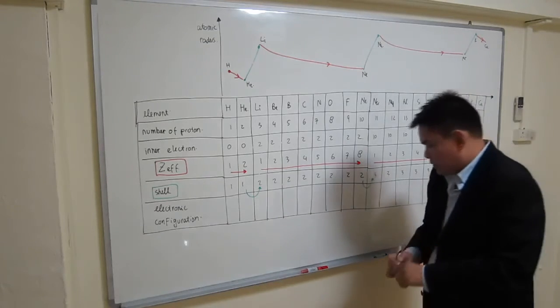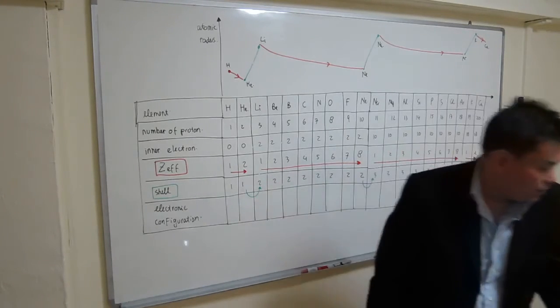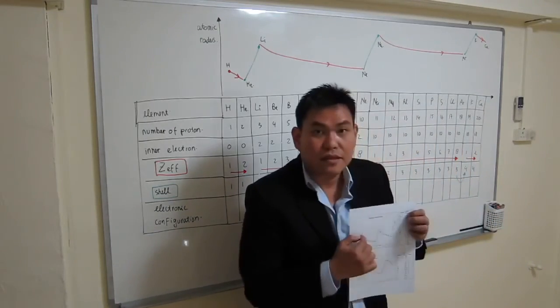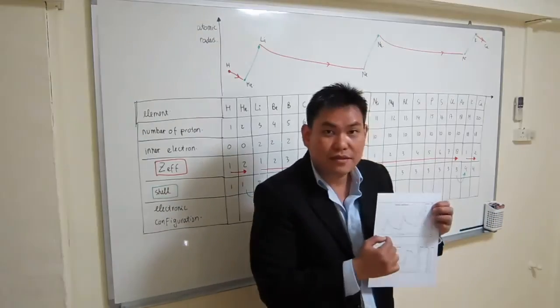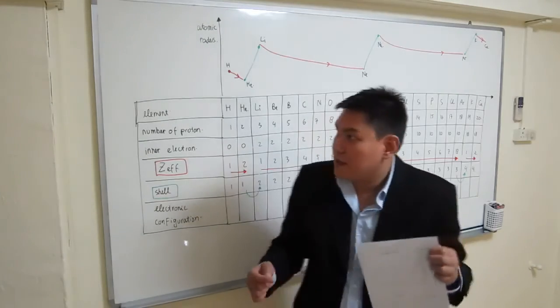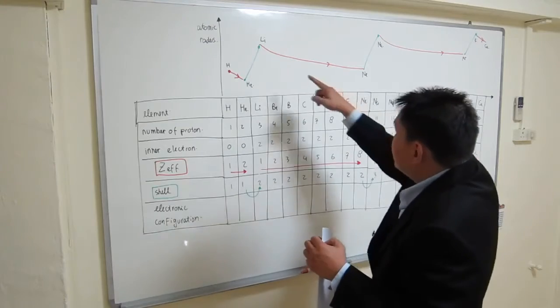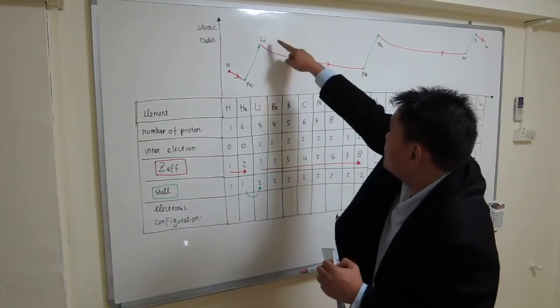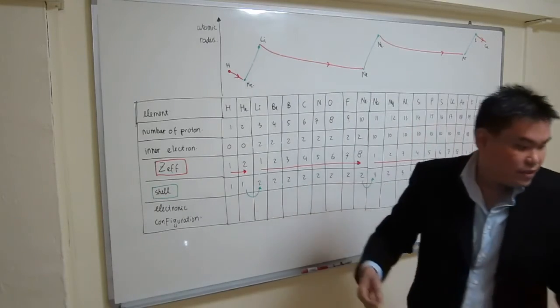So if you look at the answer key, it looks quite similar, right? In general, it will decrease across a period, then it will have a big increase when you change the period.